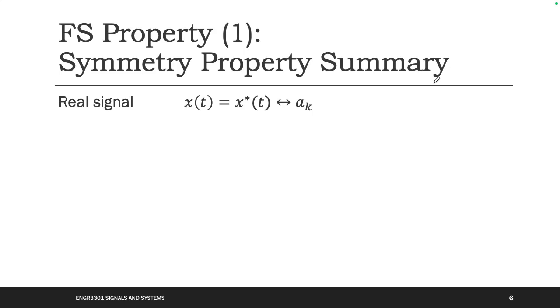But we want this one to equal this one, which means this part will equal this part, which means B should equal negative B. If B equals 1, what's negative B?